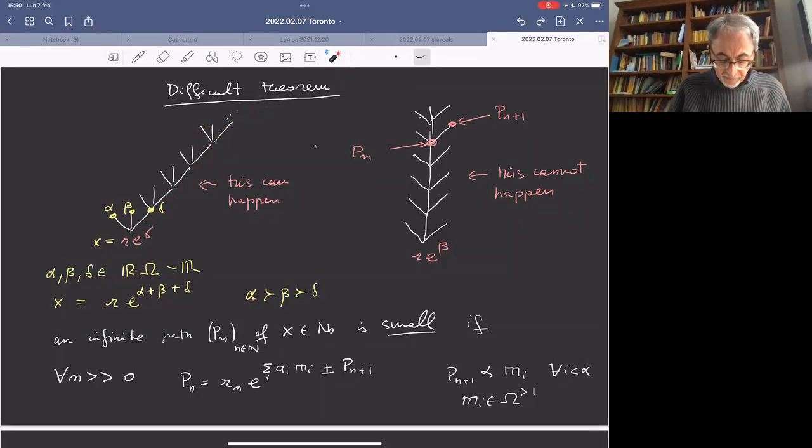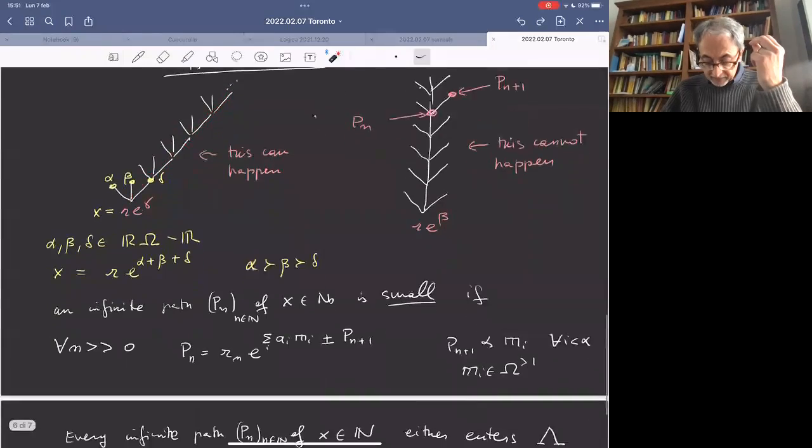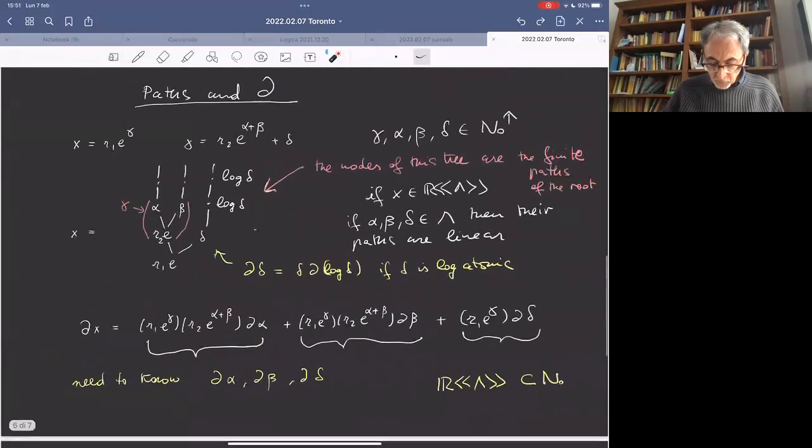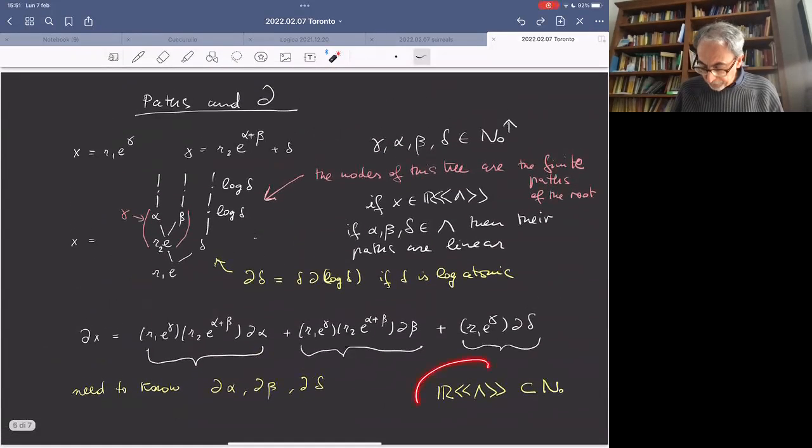And all the other paths, except this one here, if you follow another route, for instance the leftmost path, you necessarily meet a log-atomic number. So this is the situation. This theorem justifies the fact that when you define the derivative, if you are in the bracket of lambda, you may define the derivative.